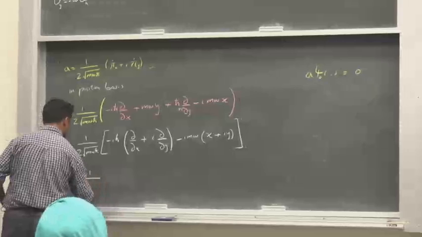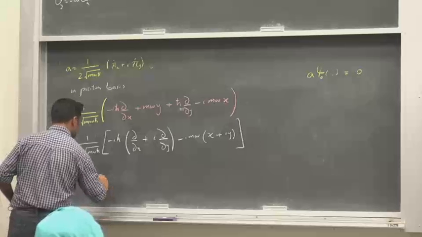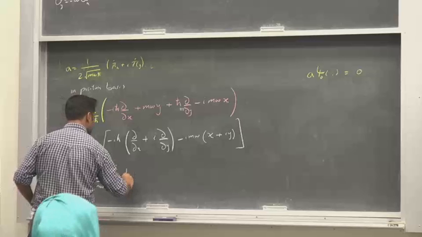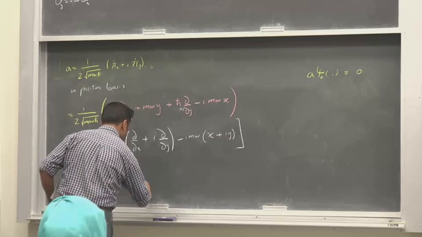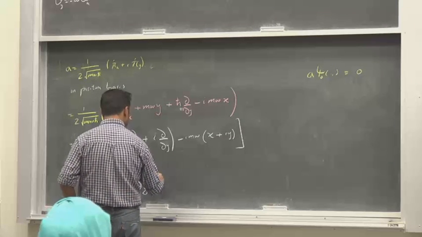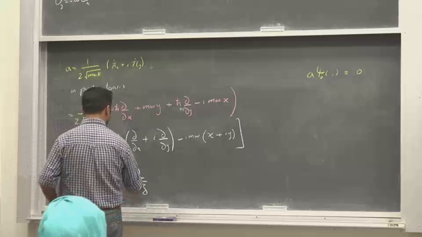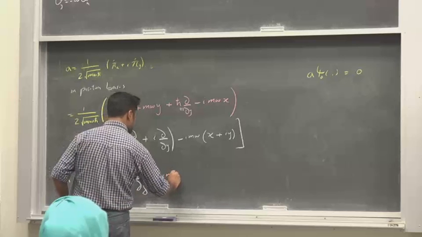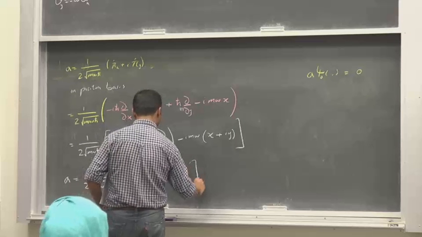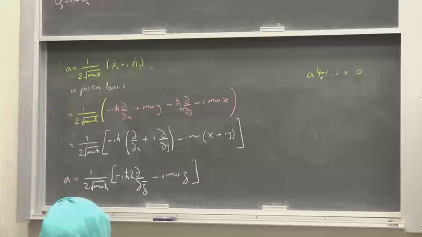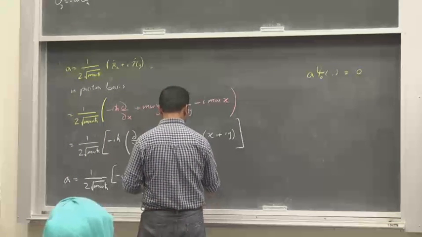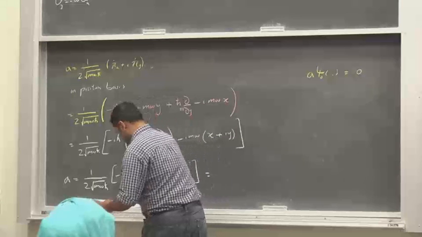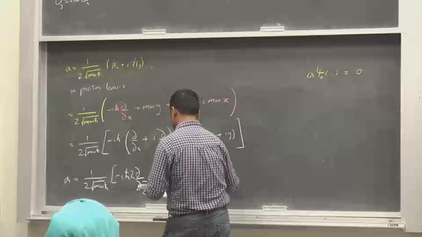A has become d by dz bar और ये है 2 times z. तो इसको मैं थोड़ा सा और इनको बाहर ले देता हूँ, 2 को cancel कर देता हूँ.